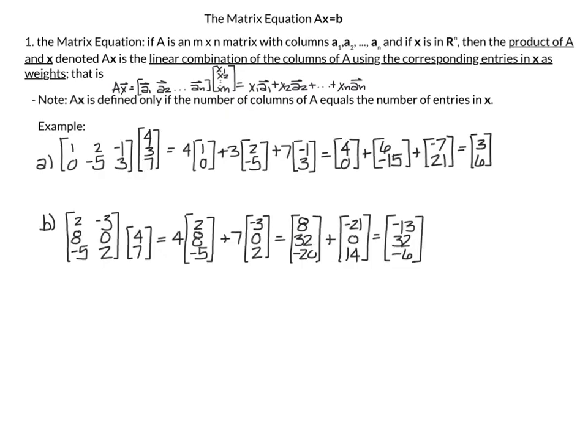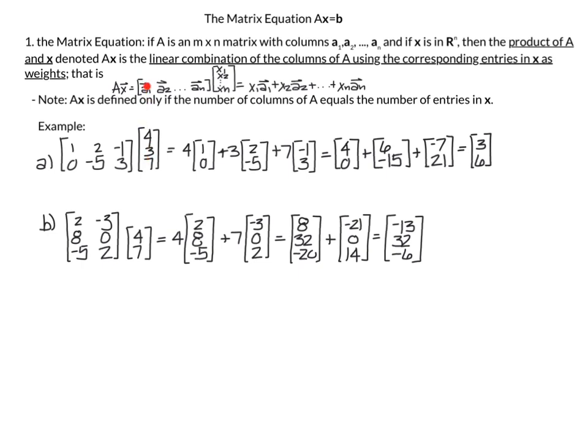The first thing we're going to do is see how to calculate this matrix A times a vector x. That's the left-hand side of the matrix equation. So if A is an m by n matrix, that's m rows. That means each vector here, a1, a2, and an, has m elements going down.